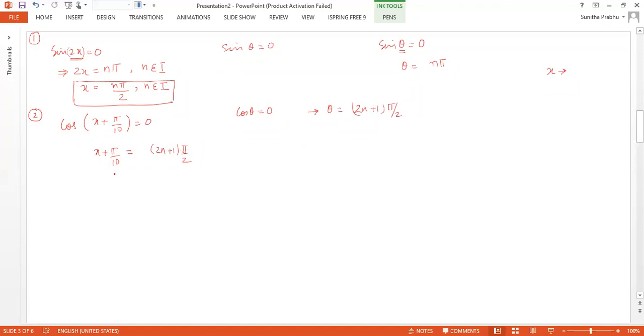Very good. So x will be equal to 2n plus 1 into pi by 2 minus pi by 10. Correct? You are just moving it there, right? Either you can simplify this or you can just write it in this form. So you can say x is equal to 2n plus 1 into pi by 2 minus pi by 10.